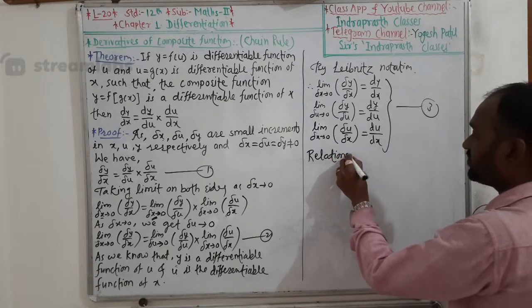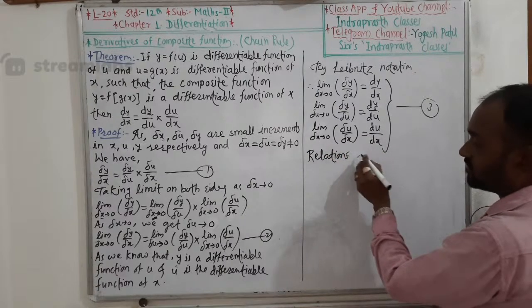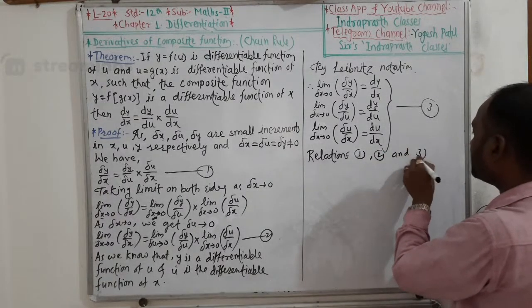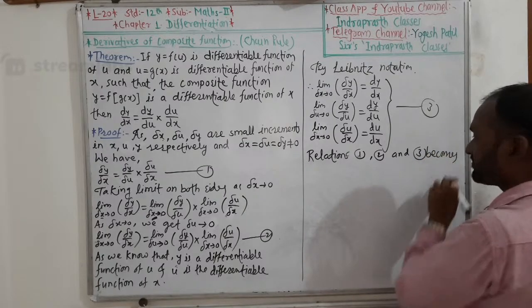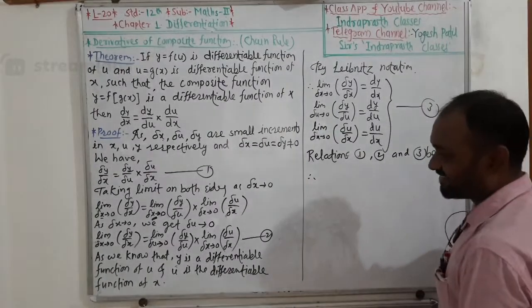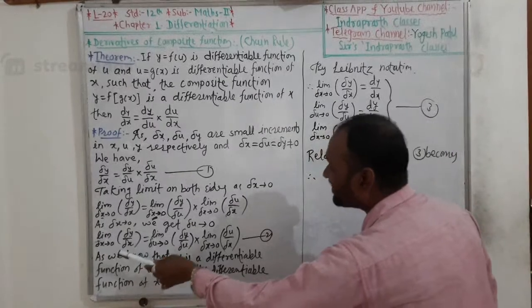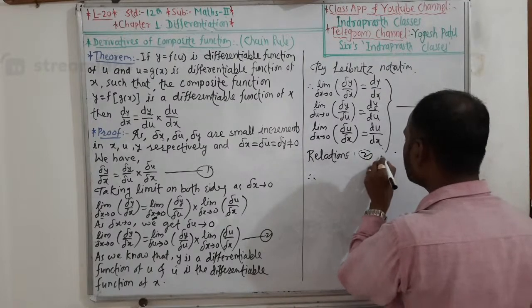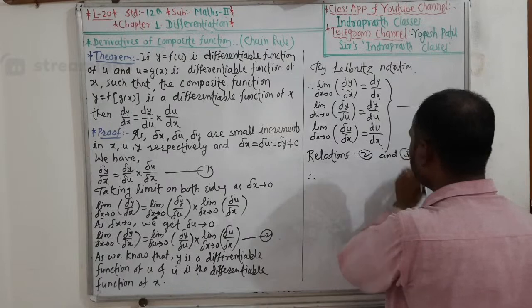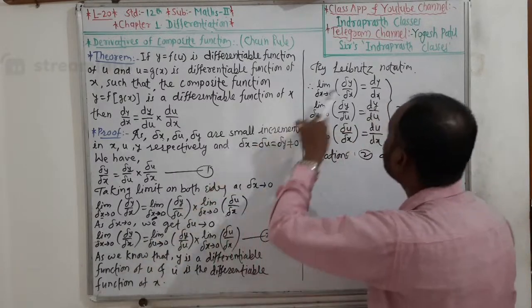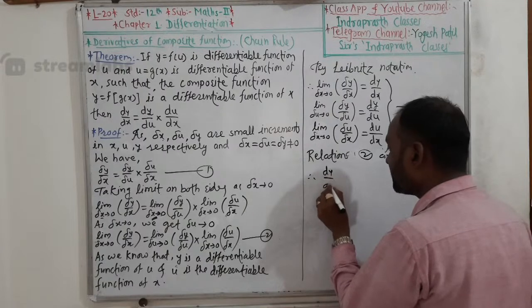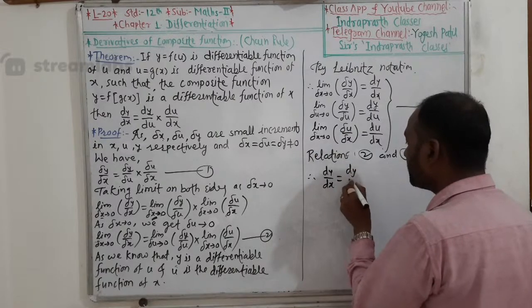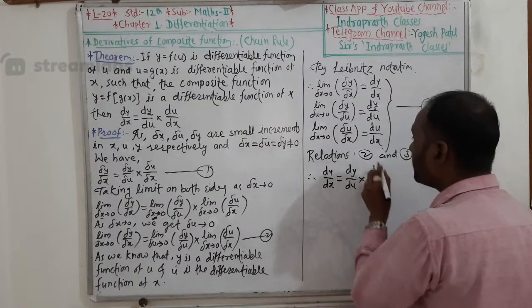Relations 1, 2 and 3 become, come on, what is this? This is dy by dx is equal to, what is this? That is dy by du into, what is it?